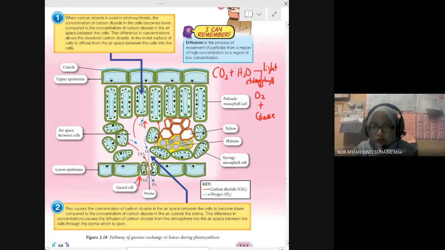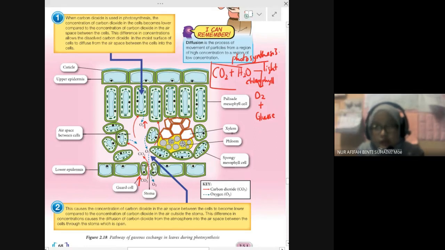Boleh ha? So for the respiration of cell, the equation is the same as human. This one is for photosynthesis.